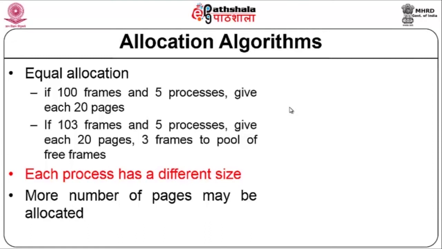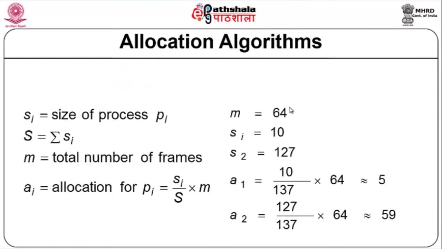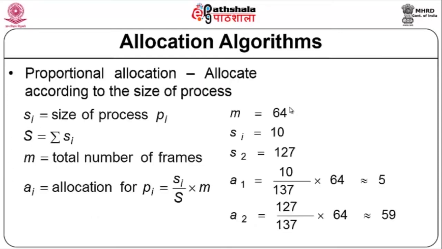So, rather than doing equal allocation, what can be done is you can go for proportional allocation. In proportional allocation, frames are allocated to the process based on the size of the process. If you look at process Pi, and say Si is the size of this particular process, you add up the sizes of all the processes to find the total size needed.